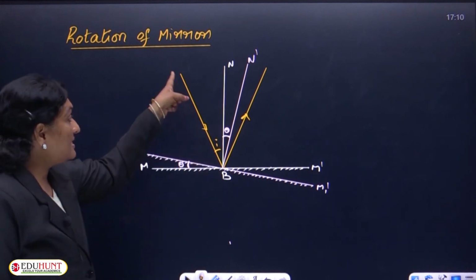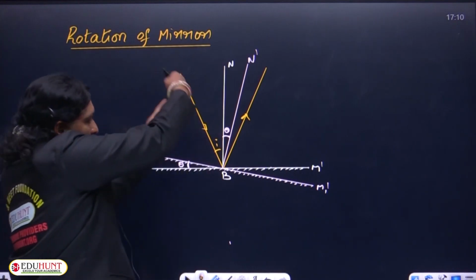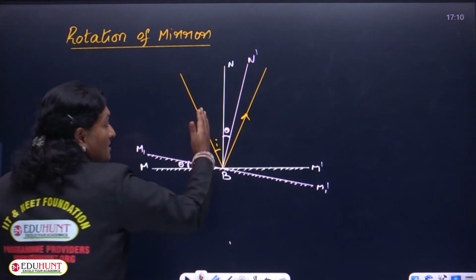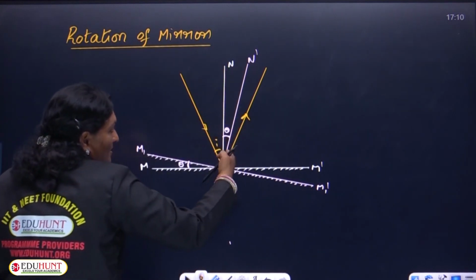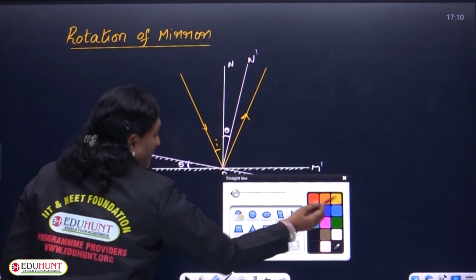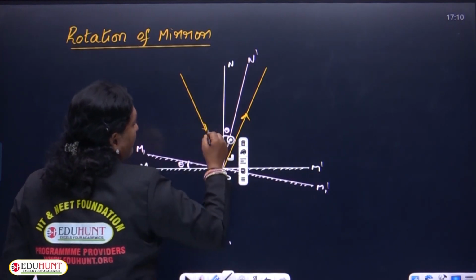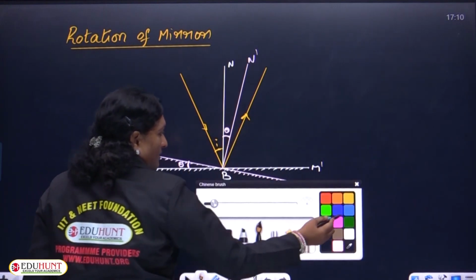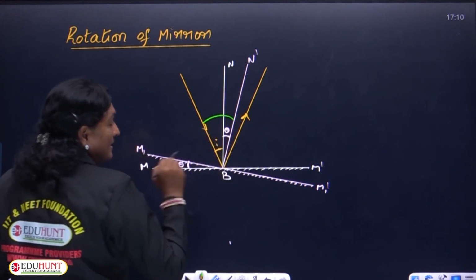But there is no change in the incident ray. The incident ray remains constant. Whenever the normal shifts to a new position, the angle of the incident ray is measured with respect to the new normal. Here is the angle between the incident ray and the new normal.